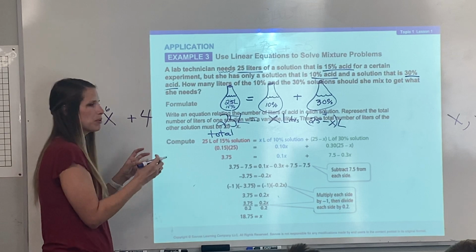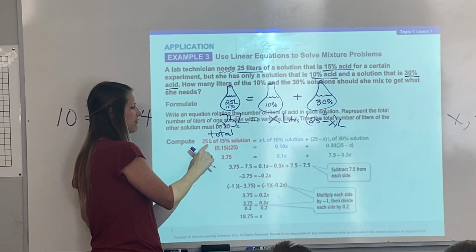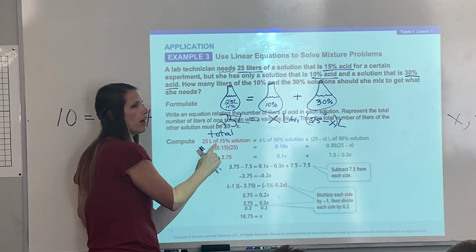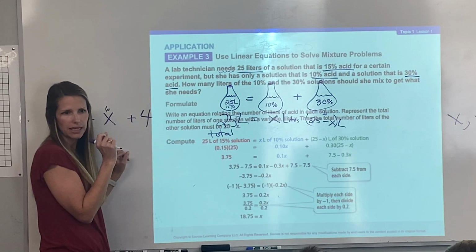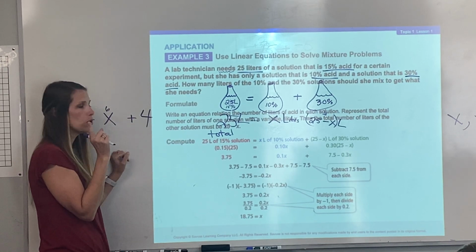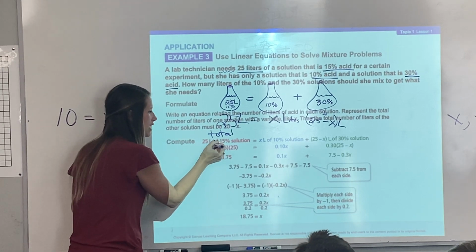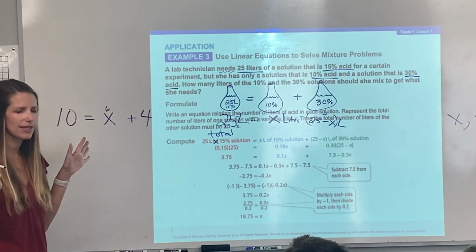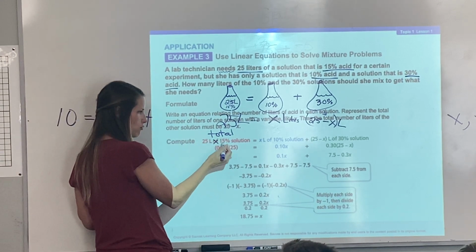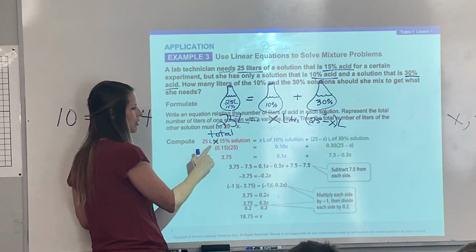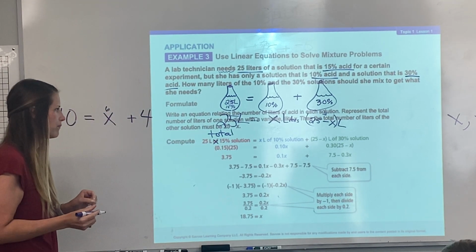Then we're going to simplify it and say, okay, well, 25 liters of 15%, what does of mean in math? Multiplication. So this of really is a multiplication sign. And I know I said not to use x as a multiplication sign, but in this case, I'm just writing over the word of. 25 liters times 15% is how we're going to represent that.